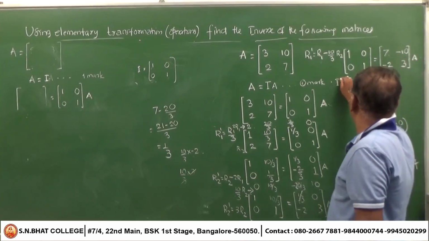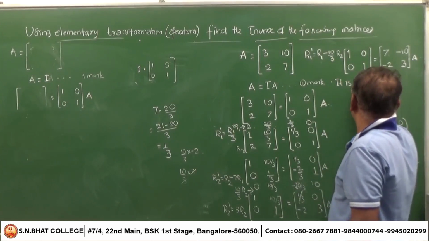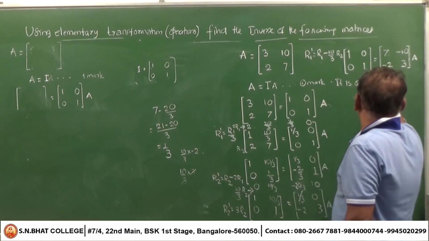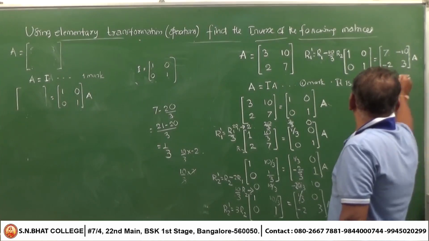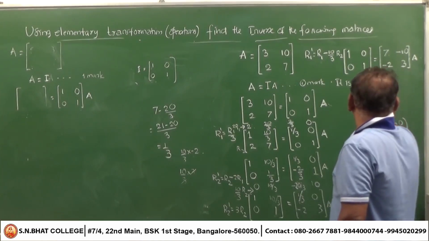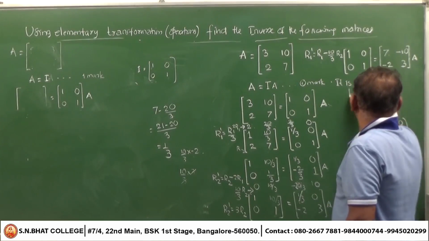It is of the form: left hand side is I, right hand side A is there, so it must be A inverse.